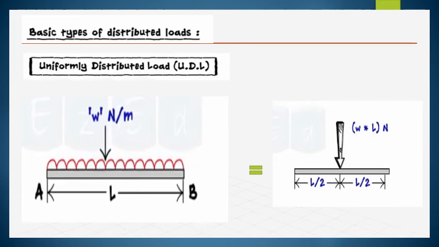If you multiply the intensity of the load, W, by the length over which it has been spread, W into L is the resultant, or the total intensity of the uniformly distributed load, and it acts at the center. If it has been spread over a length of L, then from either side of the beam it is at a distance of L by 2 and L by 2. This is the uniformly distributed load.